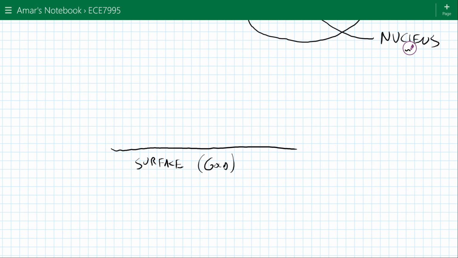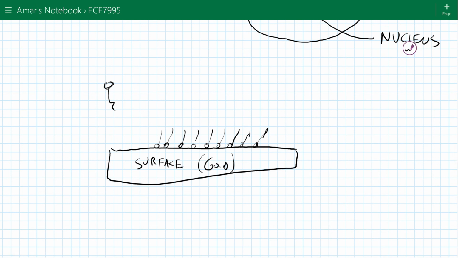There's a certain type of molecule that might look something like this. It has a part that attaches to the gold and the other half of it does not. So the molecule always lines up in one manner this way. So all the molecules are lined up like this. So when you basically put a solution of those molecules on a gold substrate, they self-assemble on there.